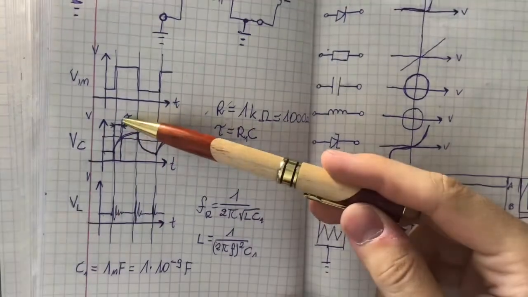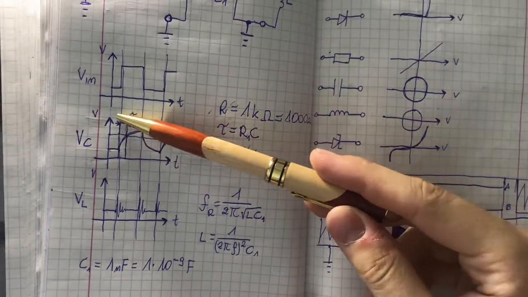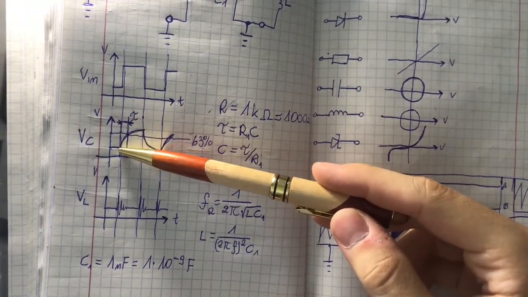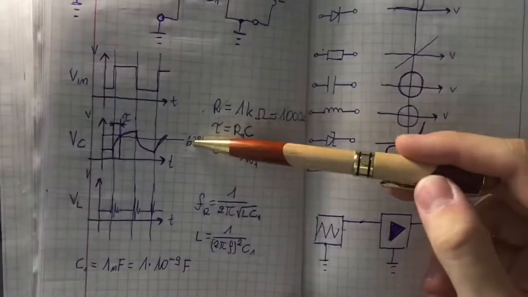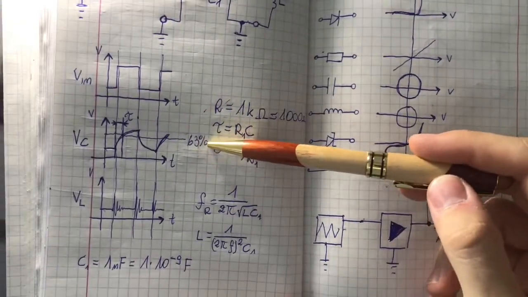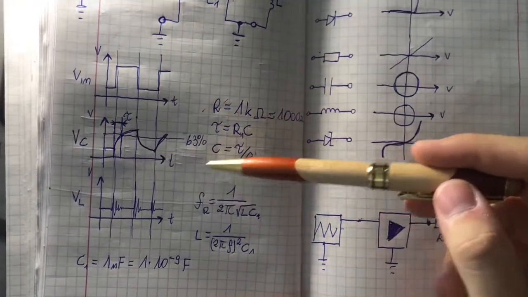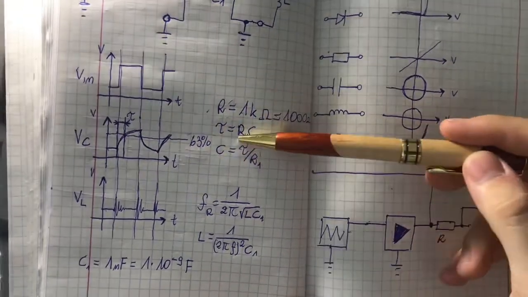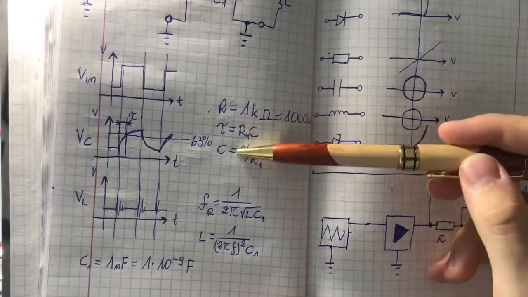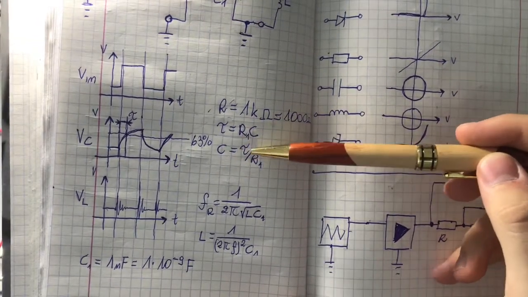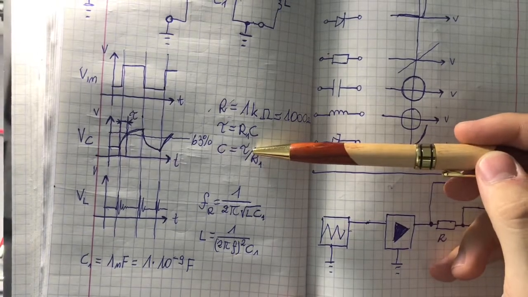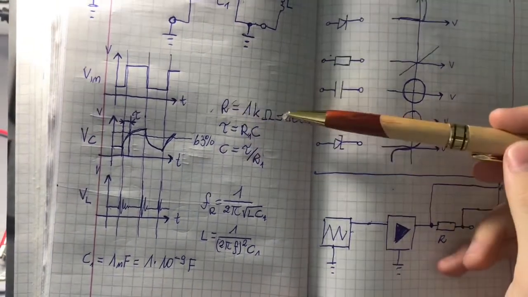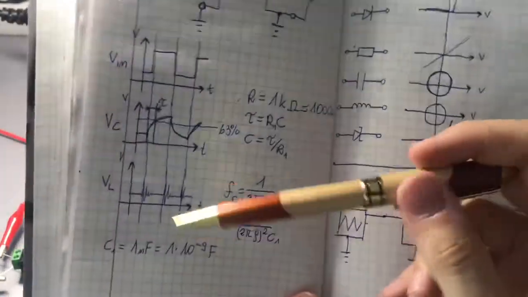So we will measure the time it takes the capacitor to charge to 63% of the highest voltage. We know that the time constant of an RC circuit is R times C, so the capacitance will be equal to the time constant divided by R, and in our case R is 1000 ohms, 1k ohm.